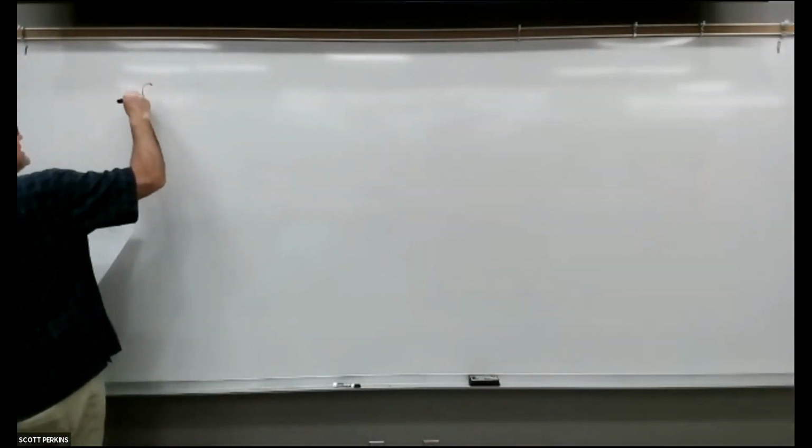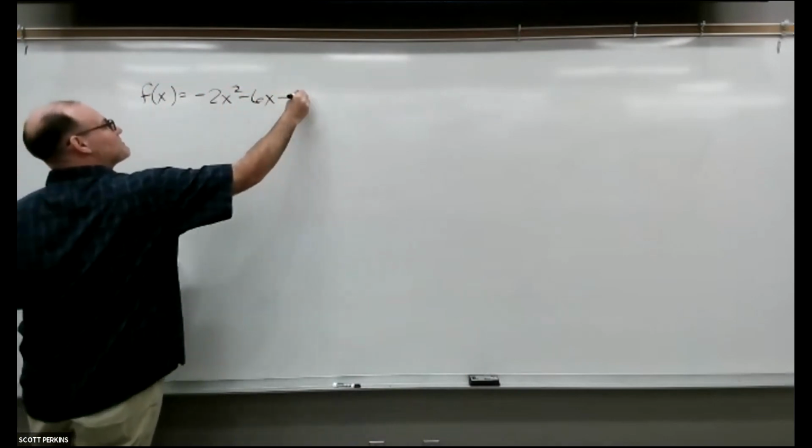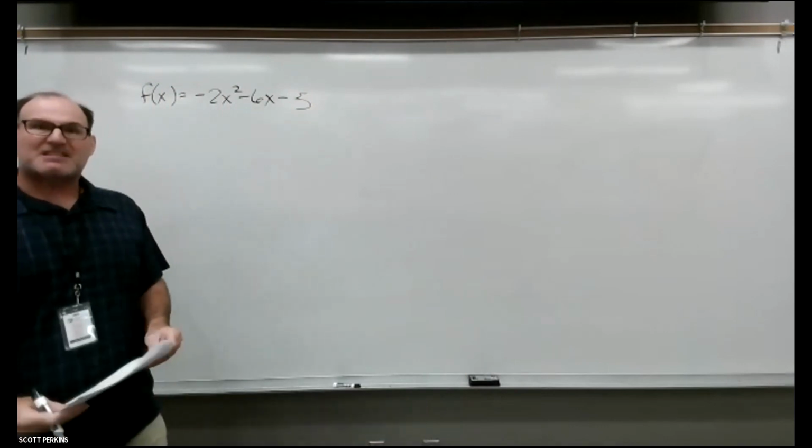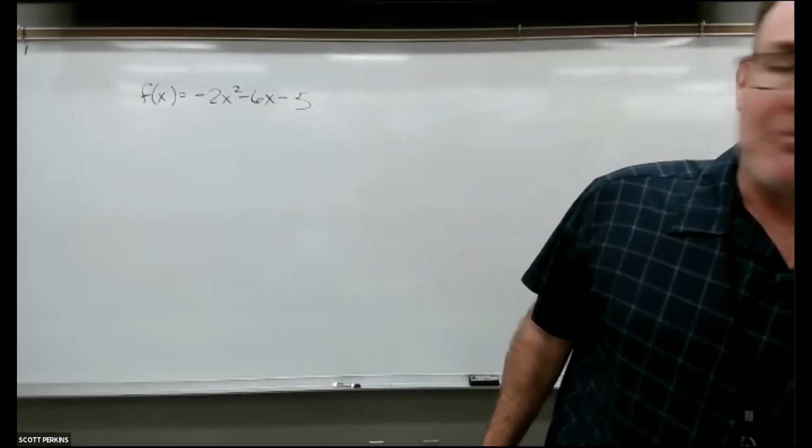All right, so this last exercise for the section gives us this function, negative 2x squared minus 6x minus 5. We are asked for two things: what's the vertex, and what's the maximum or minimum value?